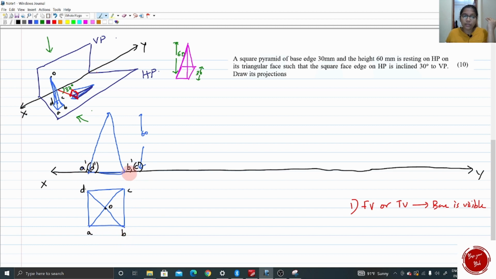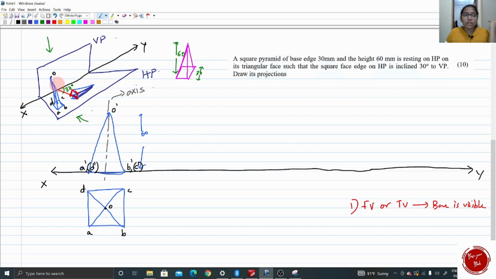So A dash and B dash is open to us. Okay. Now O is here. So this is O dash. And since it is the axis, you need to have one lengthy line and one short line, with some dash lines. This is the symbol for axis. Okay. So the first position of the square pyramid is ready.